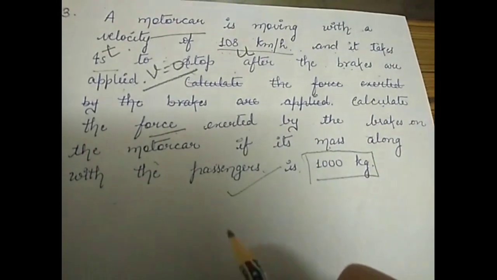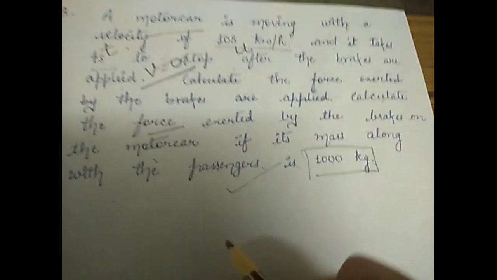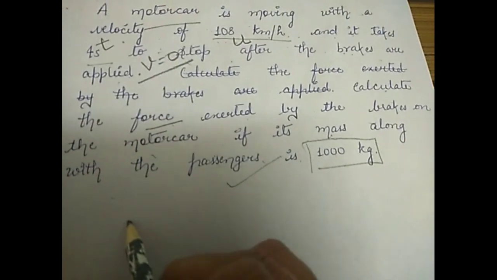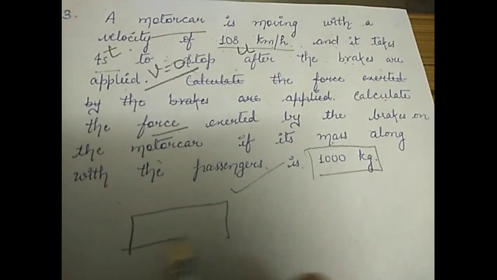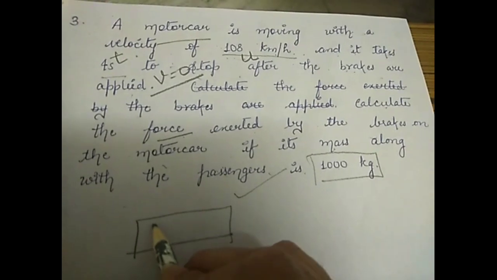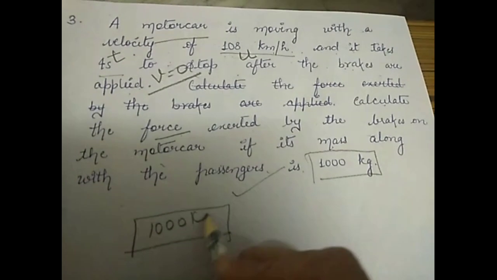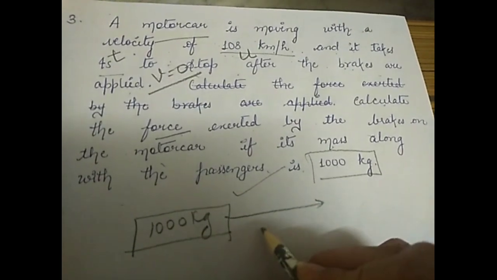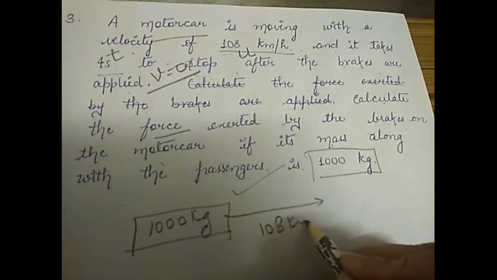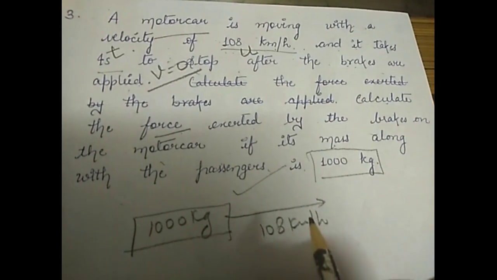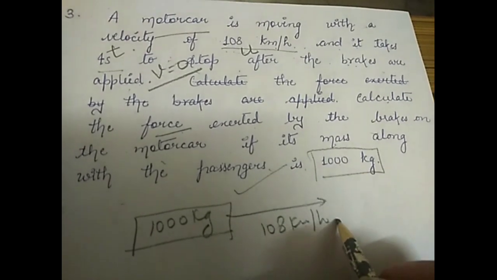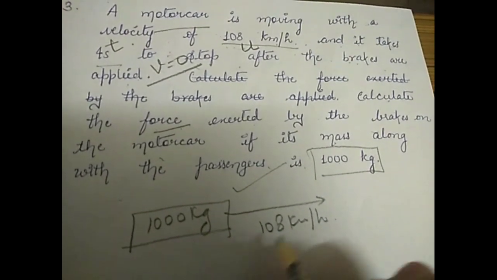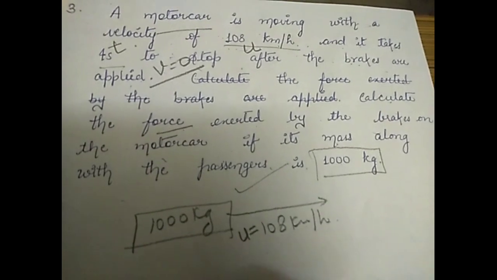Alright, first step is diagram. Suppose this is a motor car of 1000 kg. It is moving with a velocity of 108 km per hour. Its unit is kilometer per hour. Okay, it is its initial velocity.